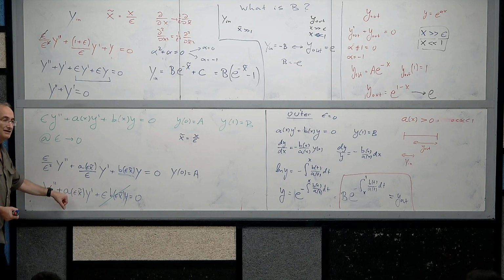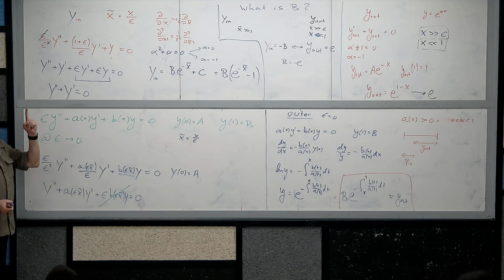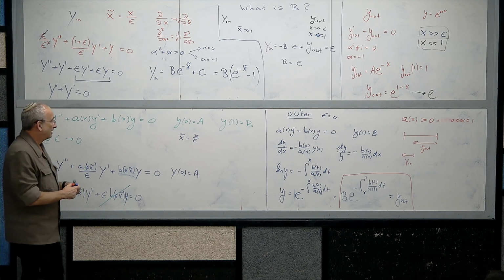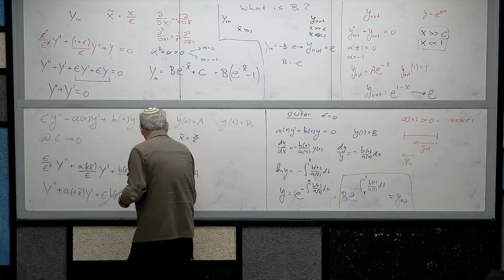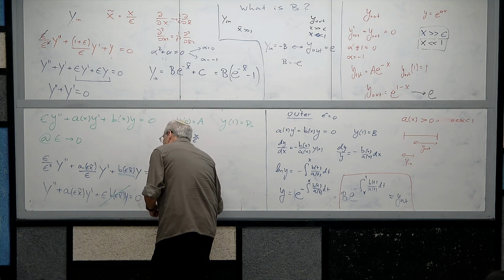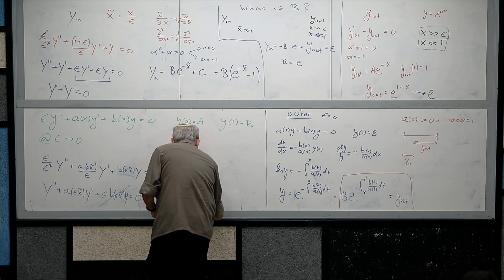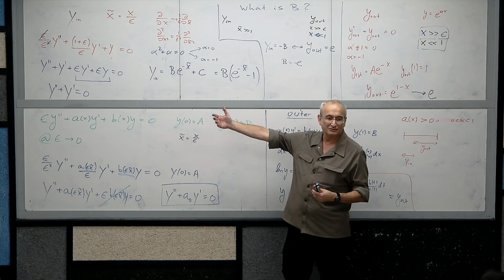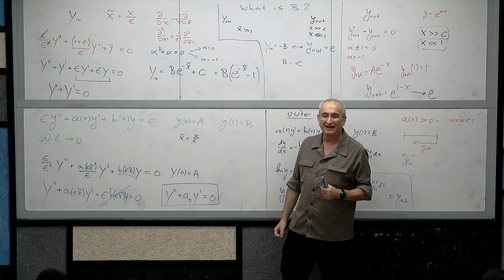So I can expand this in a power series and take only the leading order, assuming that A has a series expansion around 0. So what we get is y double prime plus a naught y prime equals 0. Well, a naught is simply the zeroth order expansion of a around 0.